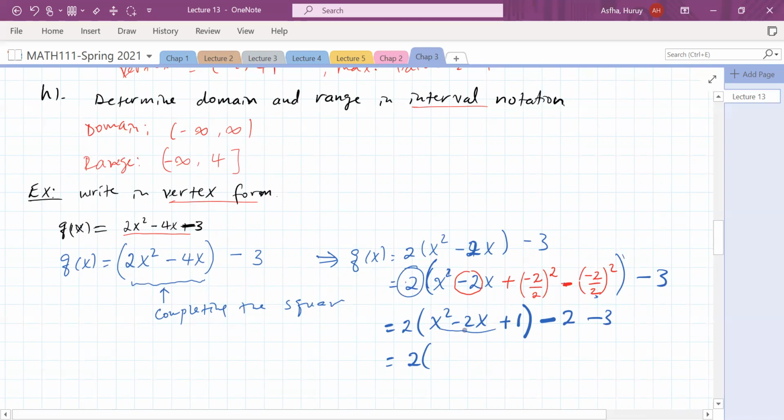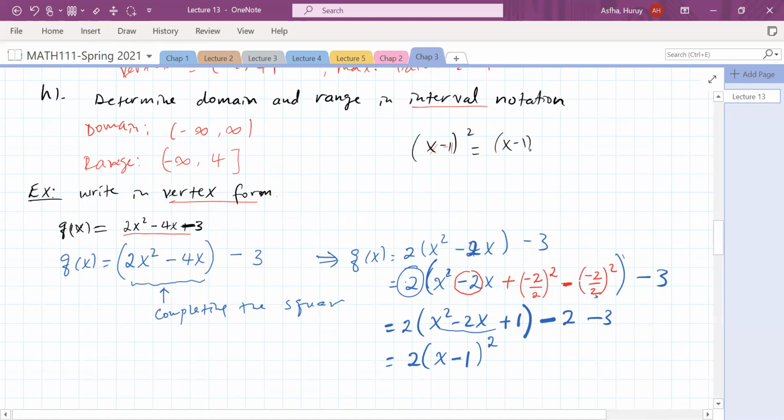Now what is this? This is a perfect square now, because we used the completing the square technique. So this is x minus, half of negative 2 is negative 1, so we have (x minus 1) squared.